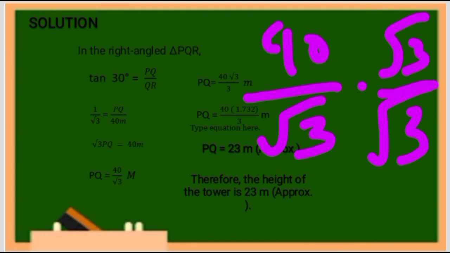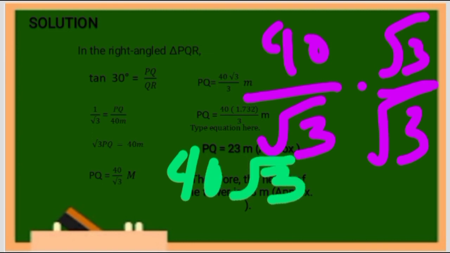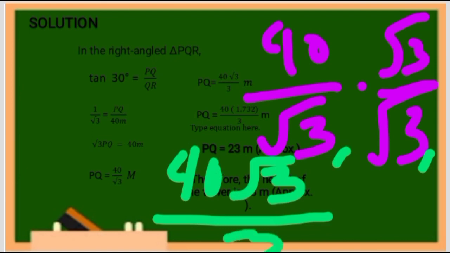Then, after that, we have 40 square root of 3 over 3 times 3, which is square root of 9, and the equivalent value of square root of 9 is 3, so we have 3 here.